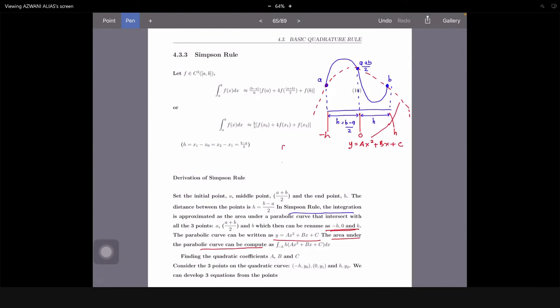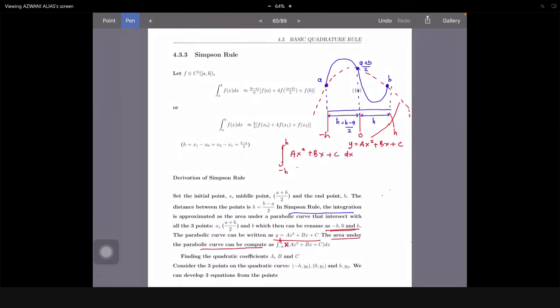So dia boleh cari the area which is from negative H to H. Daripada point ni kepada point ni nak tengok ada area under curve. Ni typo, suppose H kat sini. Ax square plus bx plus c with respect to dx.